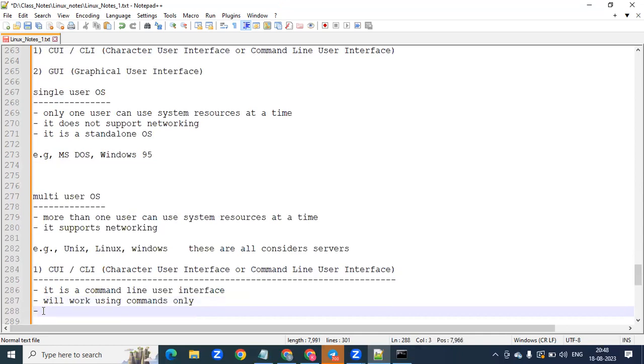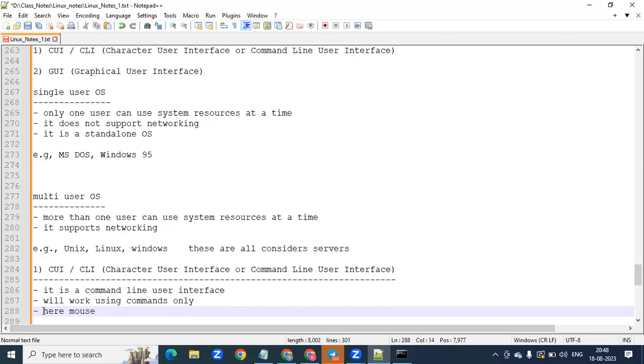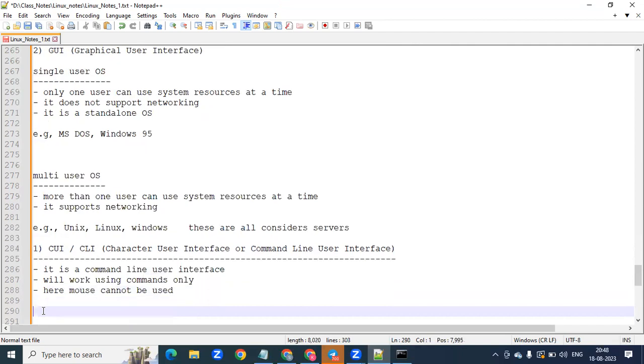The mouse will not be supported here. It is a single user operating system that does not support networking; we use this command line user interface, mostly the Microsoft operating system, MS-DOS.